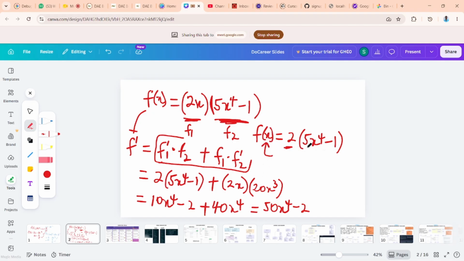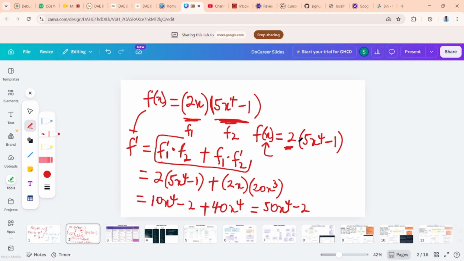So you cannot use the product rule here. You just do the normal expansion because this one is just a constant. I want you to clearly see the difference. A constant multiplying this, you are not going to use the product rule. You just do your normal expansion and then you go ahead. Is that okay? Yes, please.